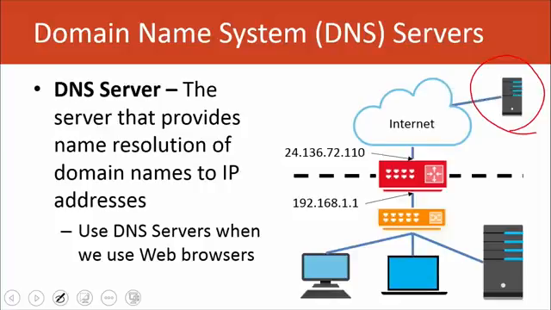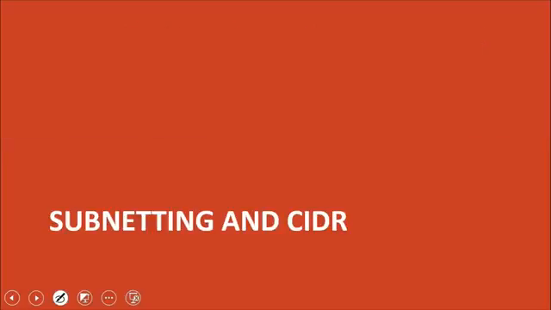And then that DNS server is going to send us back the IP address for Bing.com. That's the actual IP address for Bing. And if you type that into your browser right now, you actually should be able to access Bing without typing in the name. But what that DNS server did was translate that name into an IP address that we can then use to access the web server where Bing is located.